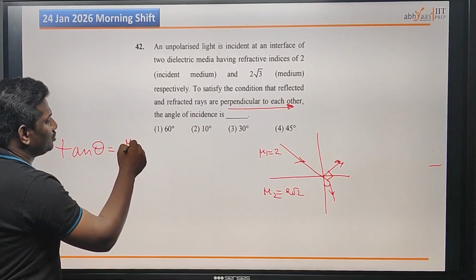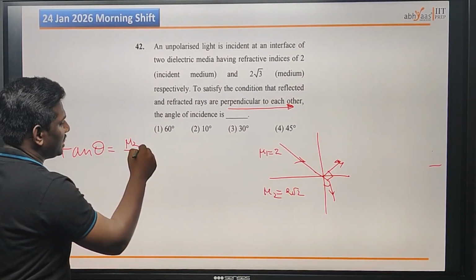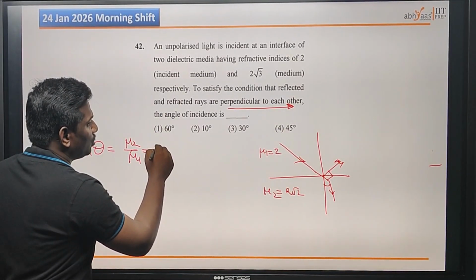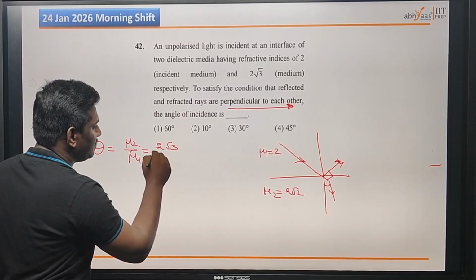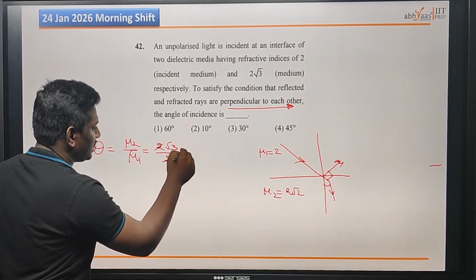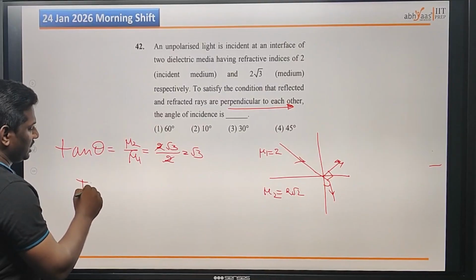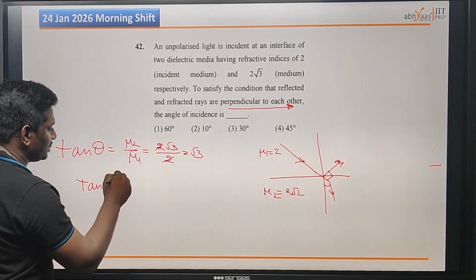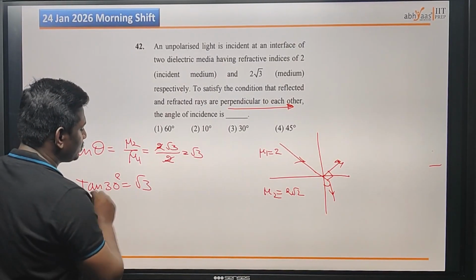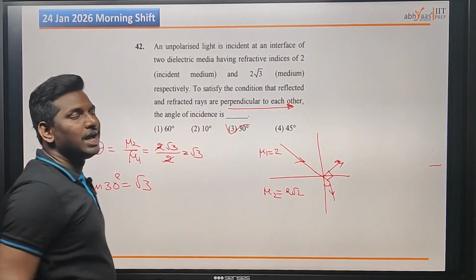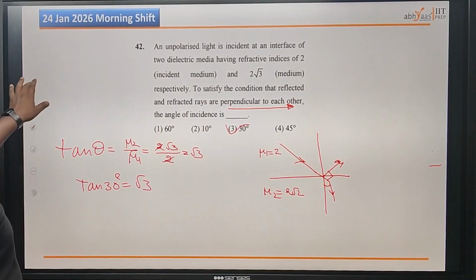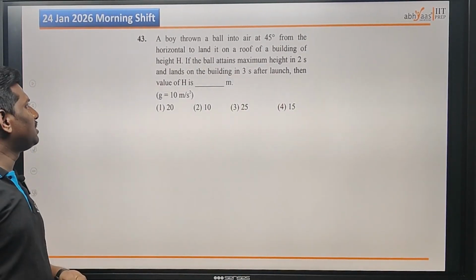So mu2 by mu1 can be written as 2√2 by 2. That can be written as √3. So tan 30 can be written as √3. So what is the angle here? 30.